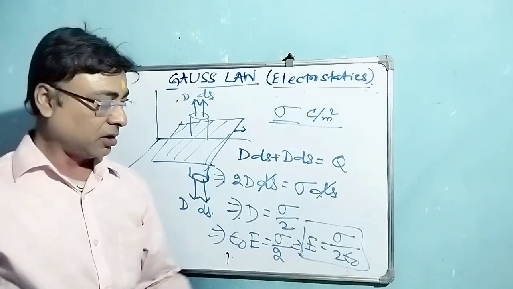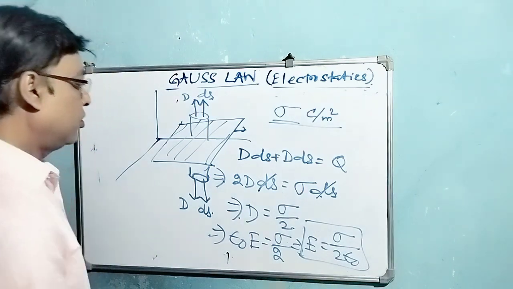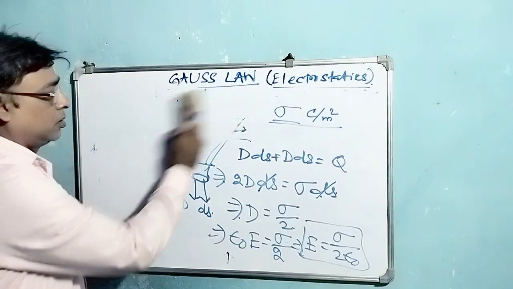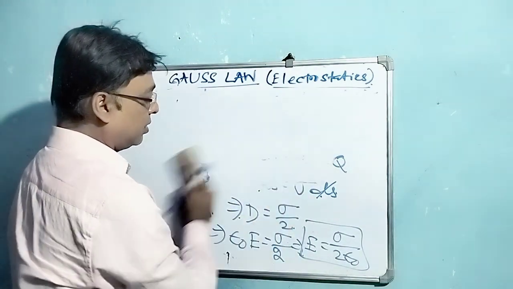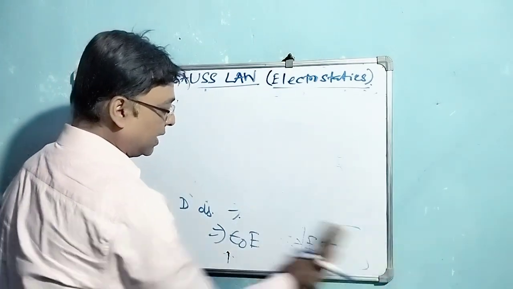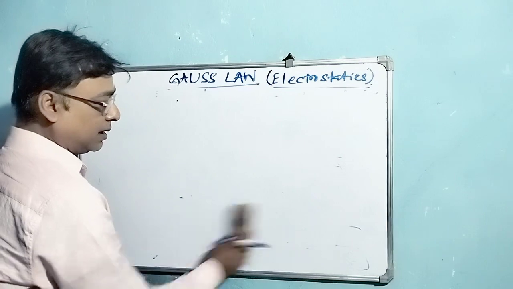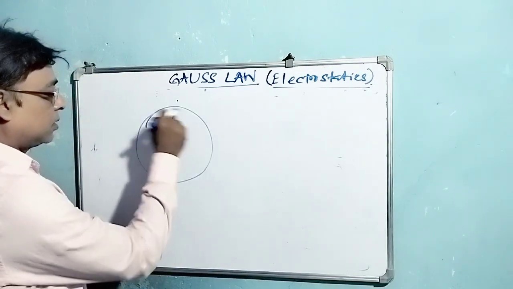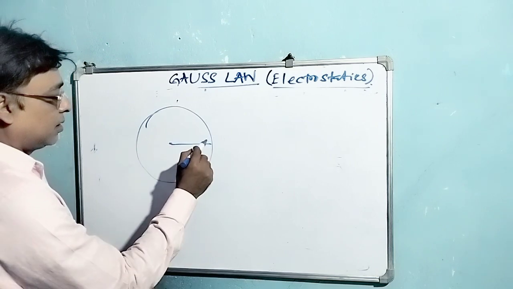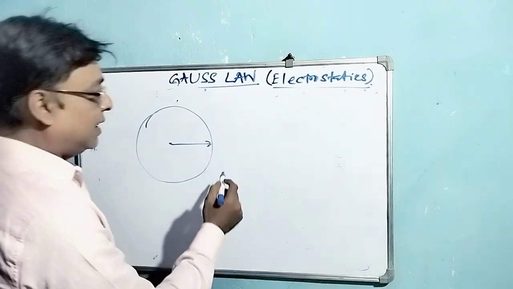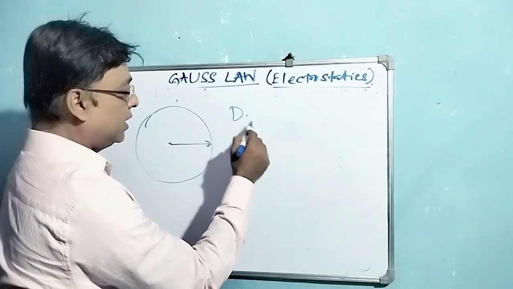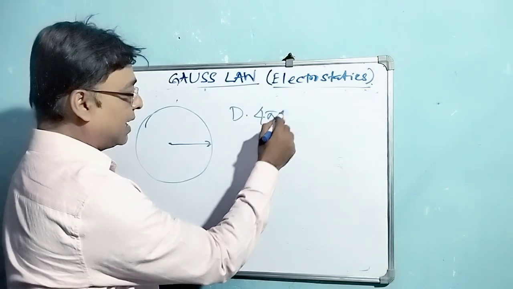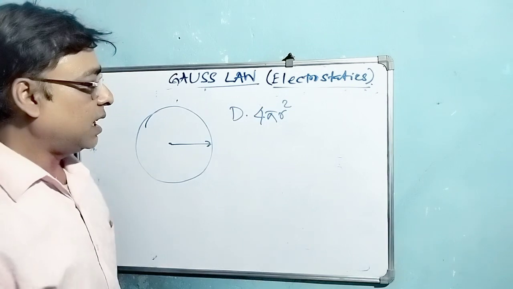So now we can apply this Gauss law to a spherical surface also, and for that the Gaussian surface will be an imaginary sphere. So we can write D into dS, which is nothing but D times 4 pi r square, because that is the area of the sphere.